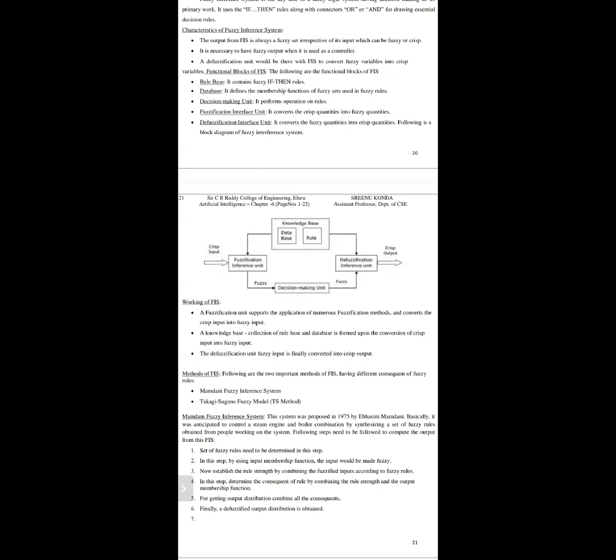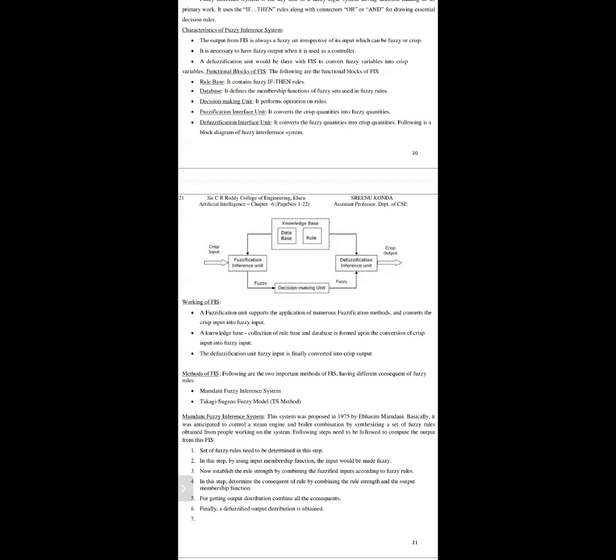Okay, so all the membership functions of fuzzy sets used in fuzzy rules are there in the database. So all the membership functions are there in the database, and rules are there in the rule base.